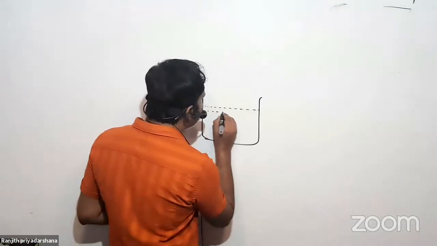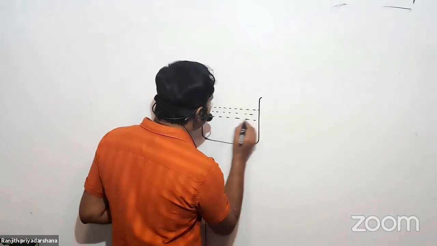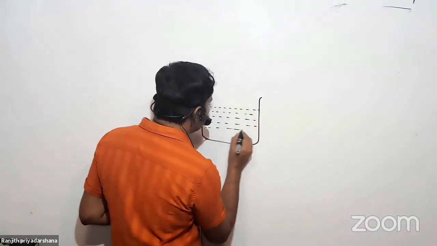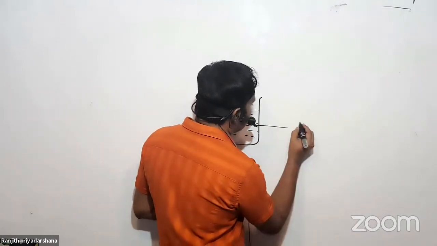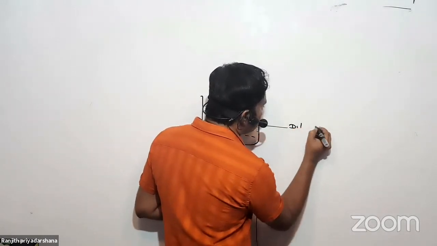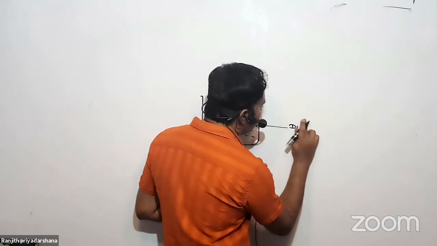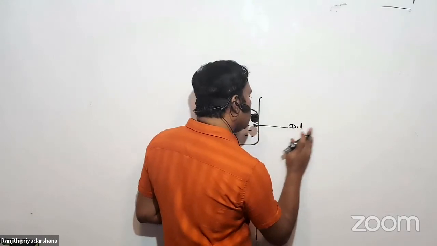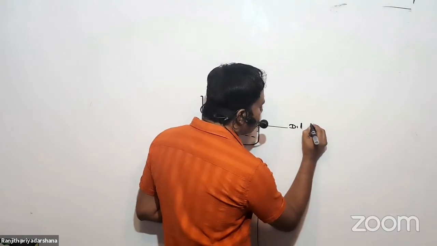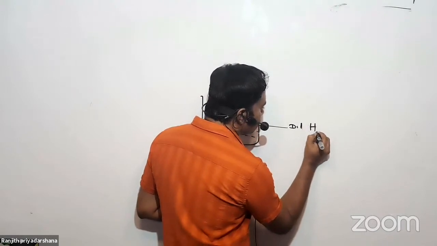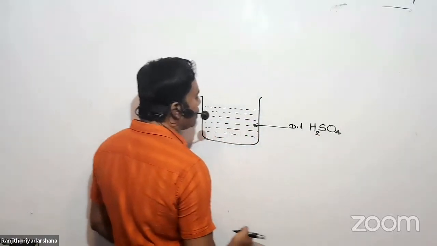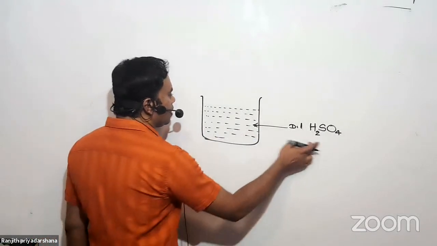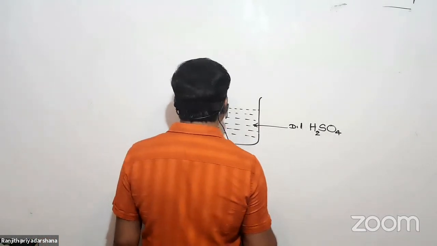You have been given diluted sulfuric acid. So what is the chemical formula of sulfuric acid? H2SO4. Sulfuric acid. Or you can write its name, dilute sulfuric acid.